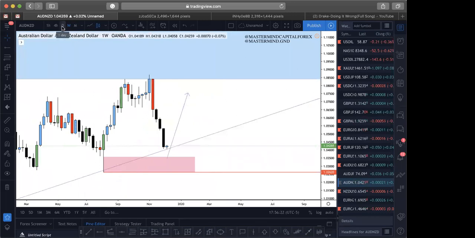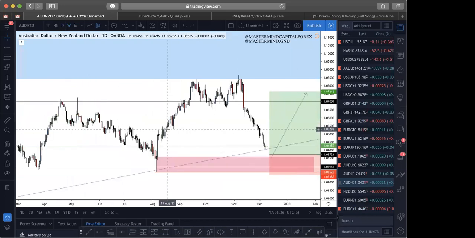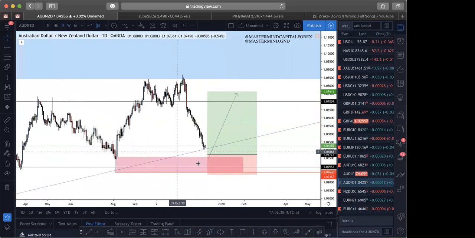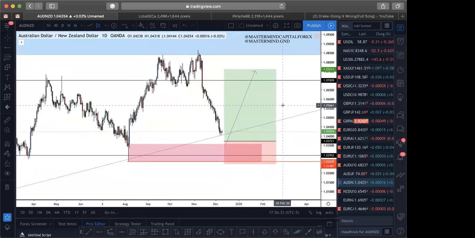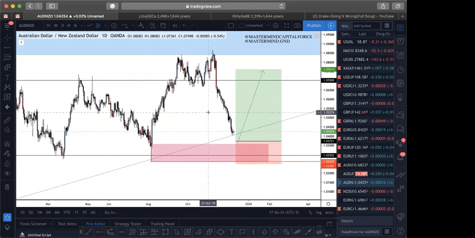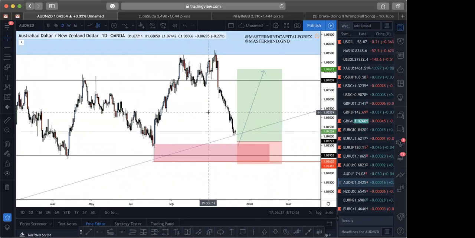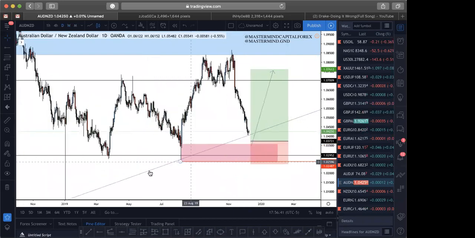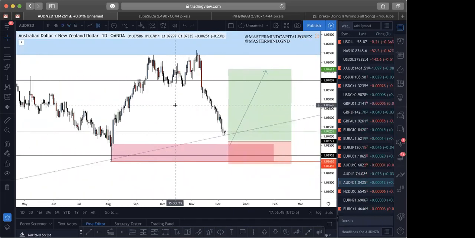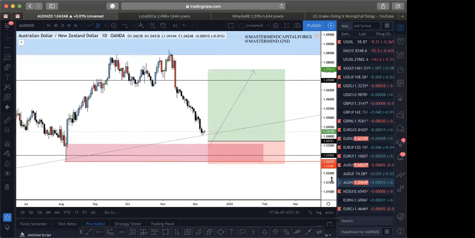So we hop onto the daily. As you can see, I have a setup here. I don't know if I posted it in the chat as yet, but the price is nearing that level. Basically, there are several confluences pointing to going long from this level here, including this trend line and several other methods that I've taught before.